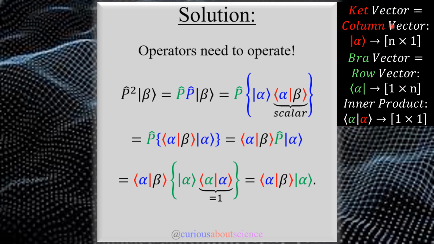So the inside dimensions have to match, i.e. n and n. And then the outside dimensions are the result. So the outside of the bra is 1, the outside of the ket is 1, so we get a 1 by 1. And that lets us know that we actually have a scalar product here. And as a scalar, we know we can move scalars through the operators with linearity with no big problem. And that's why we are able to bring this out front here.